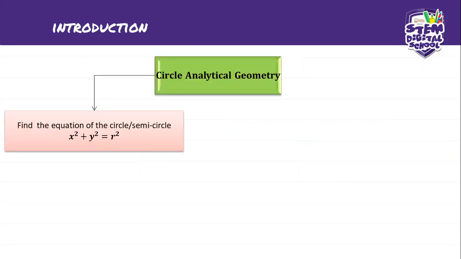Under circle analytical geometry, we are going to learn how to determine or find the equation of a circle or semicircle in the form x squared plus y squared equals r squared.